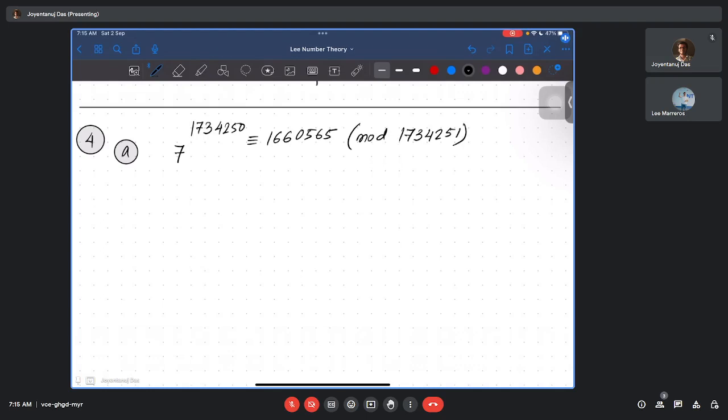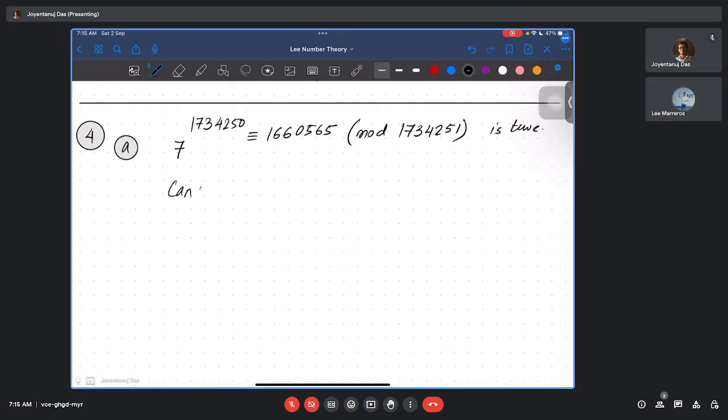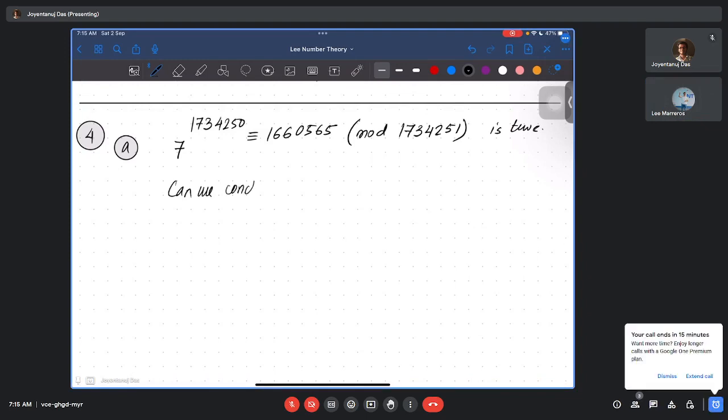So suppose this is known, this is given to you. From here, can we conclude that this one is composite?